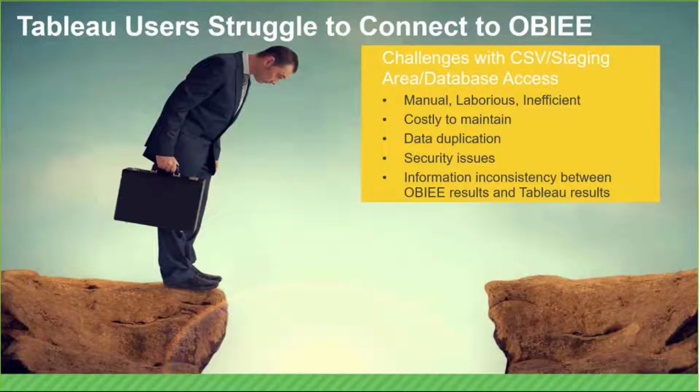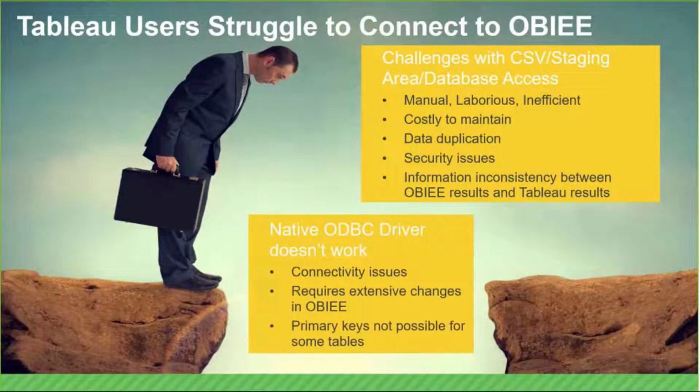But once you take it out of OBIEE and do your own analysis, you have to make sure that the results you see in Tableau conform with what you would see from OBIEE. So you have to manage these inconsistencies. So this presents complex challenges. Another challenge is that the native ODBC driver doesn't work when you connect from Tableau to OBIEE. So it has not been easy to get connected to OBIEE.